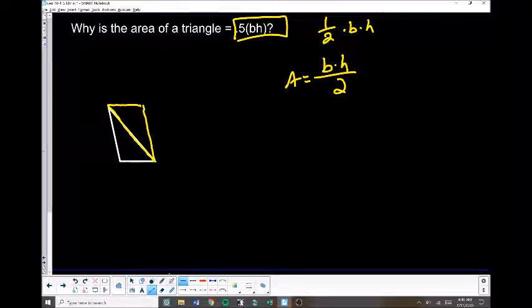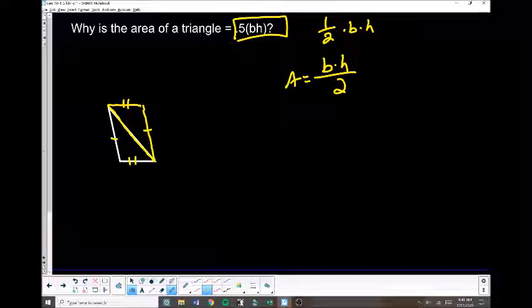All these angles are congruent. The sides are congruent. So this length matches this length. This length matches this length. This length matches this length. It's a parallelogram. A triangle is 1/2 of a parallelogram. So the area of a triangle is just 1/2 the area of a parallelogram because a triangle is 1/2 of a parallelogram.